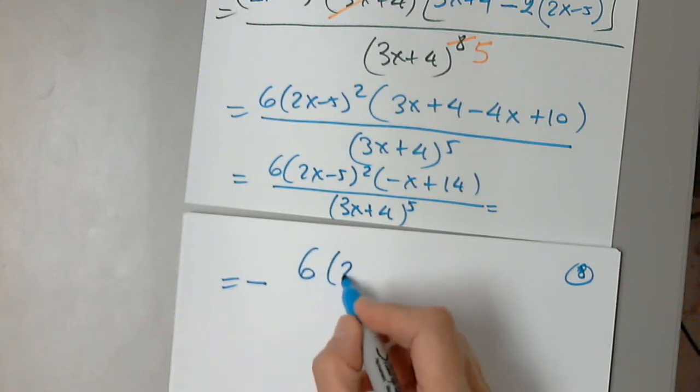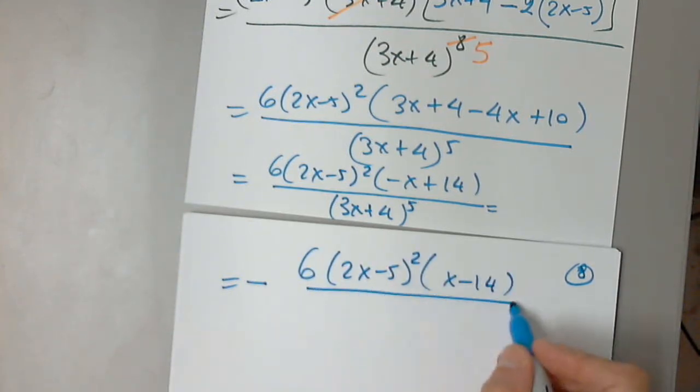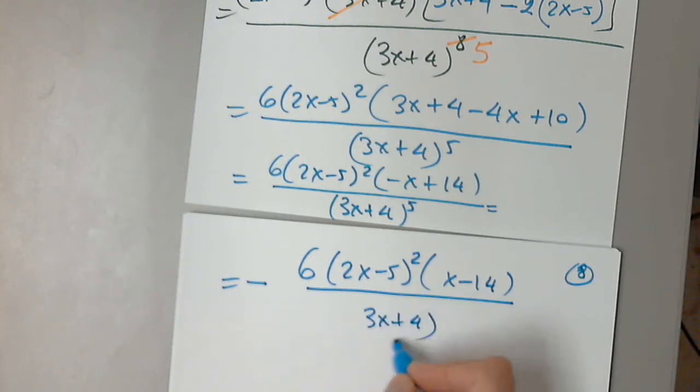Negative 6, 2x minus 5 squared, x minus 14, over 3x plus 4 to the 5th power. By doing this, we are making our life easier in chapter 4, because we will be able to find the x-intercepts very easily of this function. I should say the critical numbers.